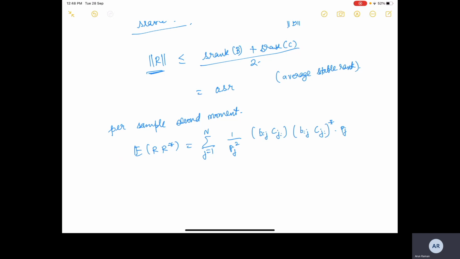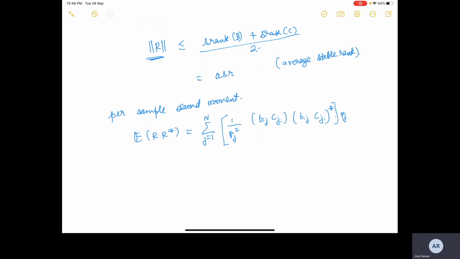Okay, so this is the expected value of R star. We have just used the formula for the expected value, that with probability Pj we will pick this entry. In the next step, this will get cancelled, and we will substitute the value of Pj.